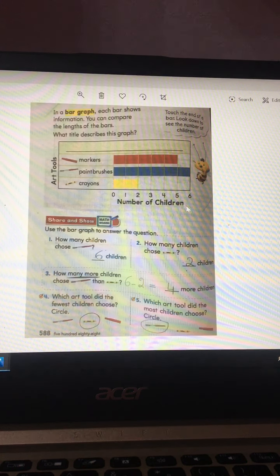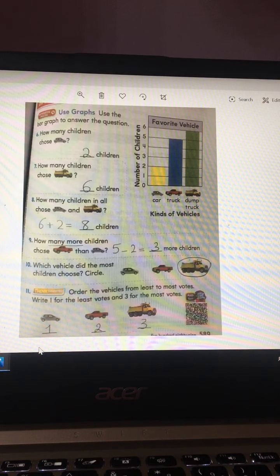It ends at number 6. The biggest number in the bar graph is 6. So the most number of children who chose the art tools is 6, the children who chose the paint brushes. Okay, so the answer is paint brushes. We are going to circle the paint brush right here. Okay, let's have a look on this.